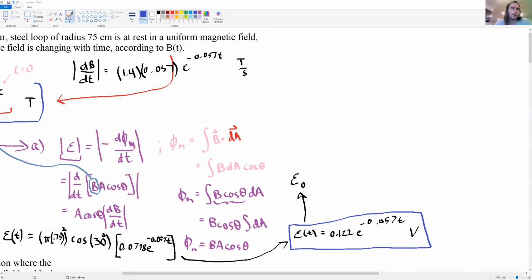Yeah, and this is another correct answer, but the student did not actually compute the coefficient in front of e. They just put in pi's and 0.75 squared and cosine 60. Actually, technically, the cosine 60 makes this answer incorrect. Okay, so always double check your angles there.